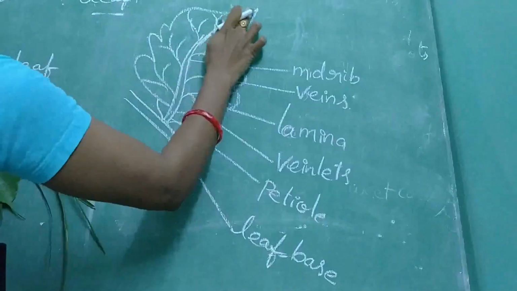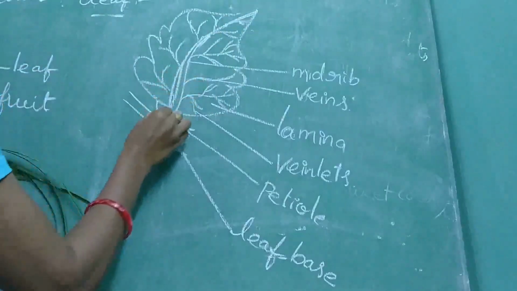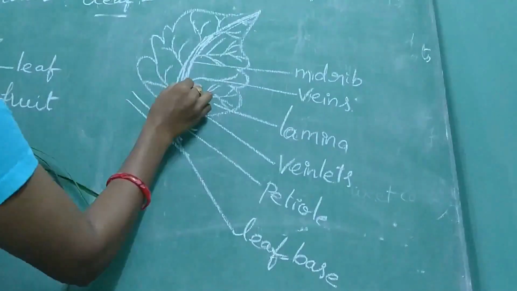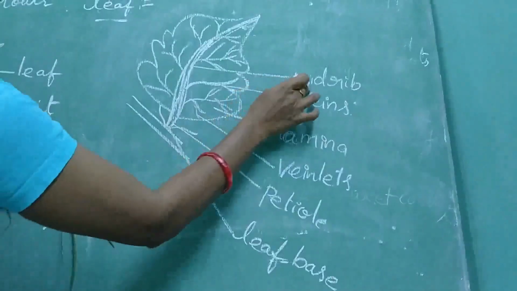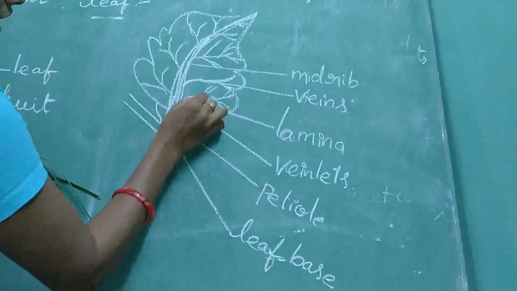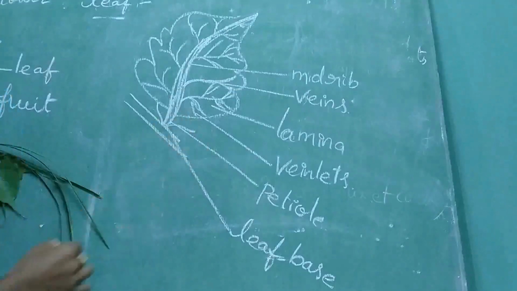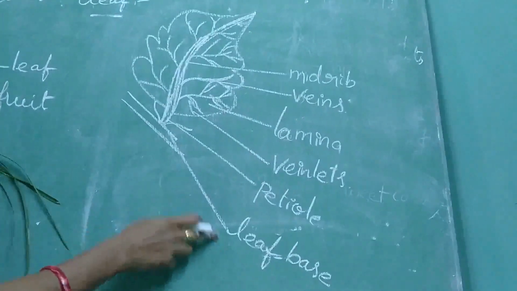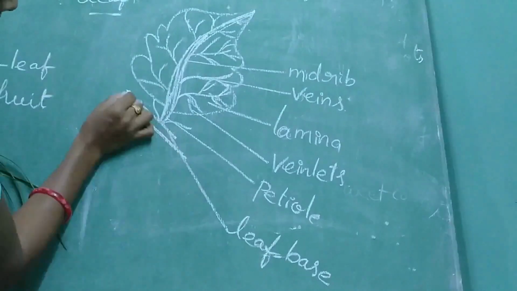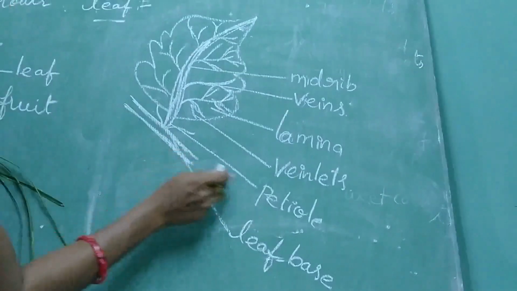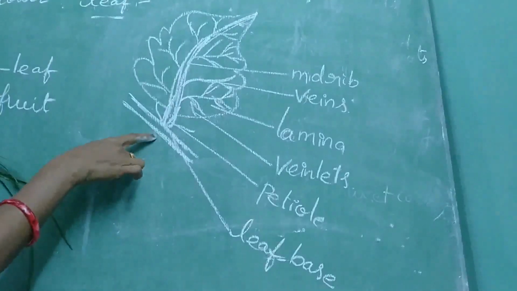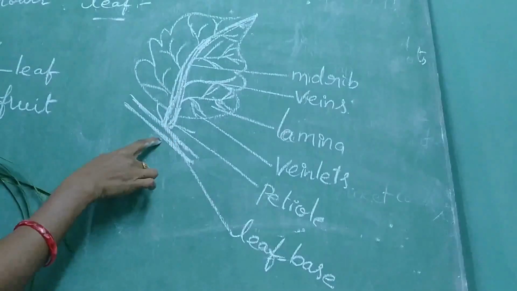This is the main vein arising from the lamina. And the veins arise from the midrib, and also veinlets arise from the veins. And this is the leaf base. The leaf base is attached to the stem or stem branch. This is the petiole. The petiole is attached to the leaf base.